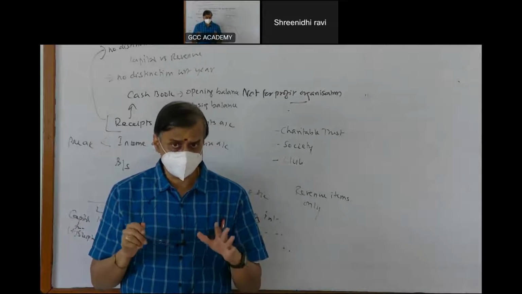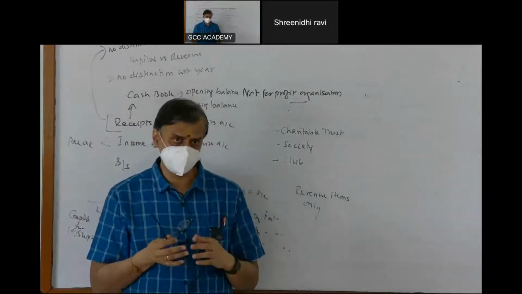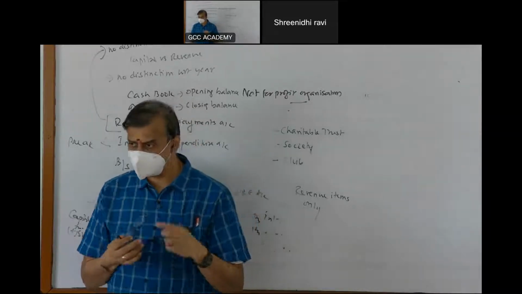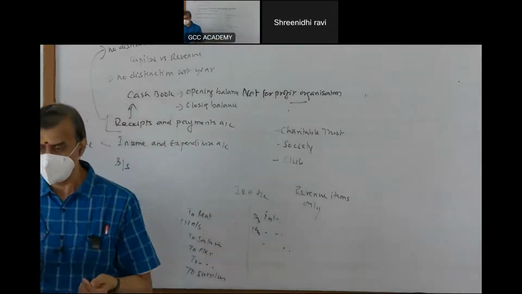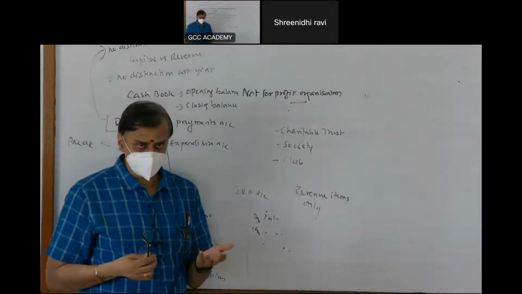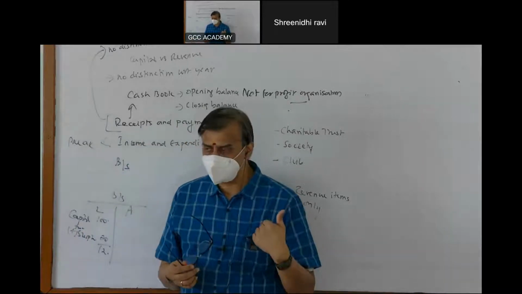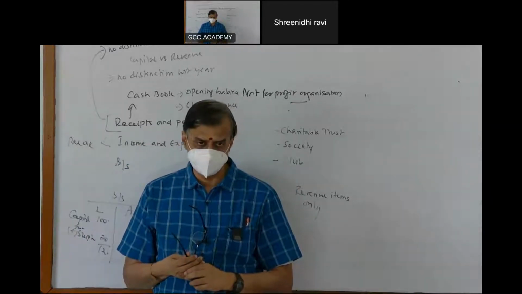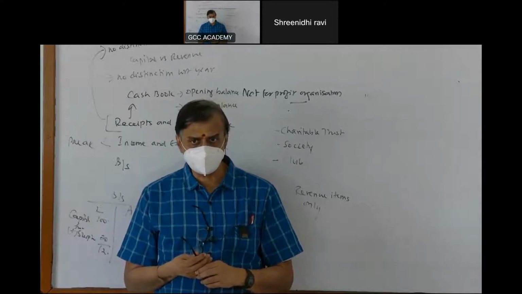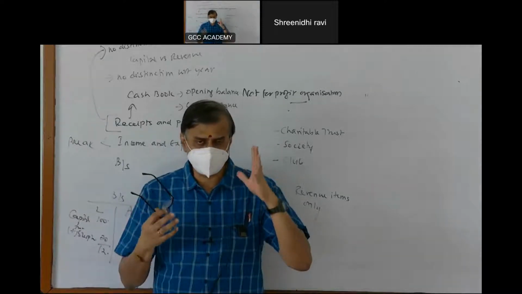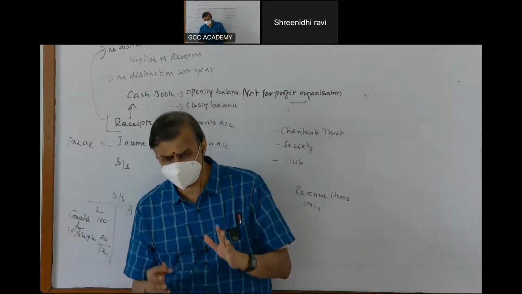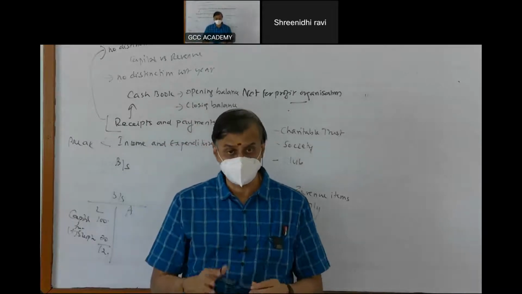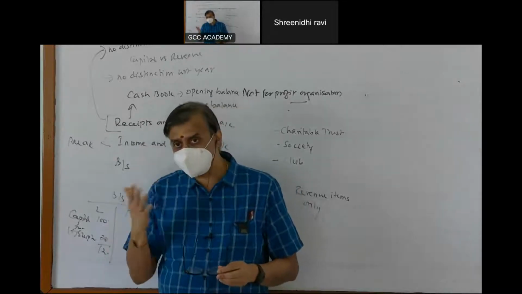A very simplified, fool-proof method. When I was a student, the major challenge I had in understanding this topic was plus book minus, minus book plus. I would break my head, because the way we think and do is wrong.